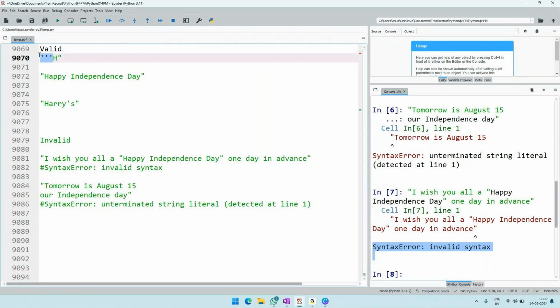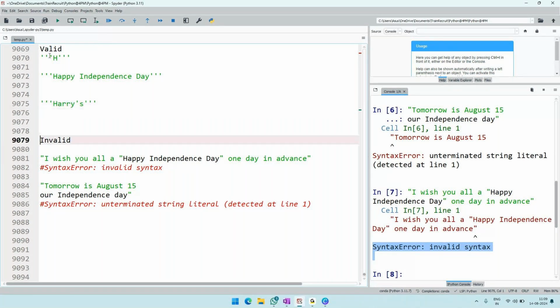So this is valid, this is valid, this is also valid.